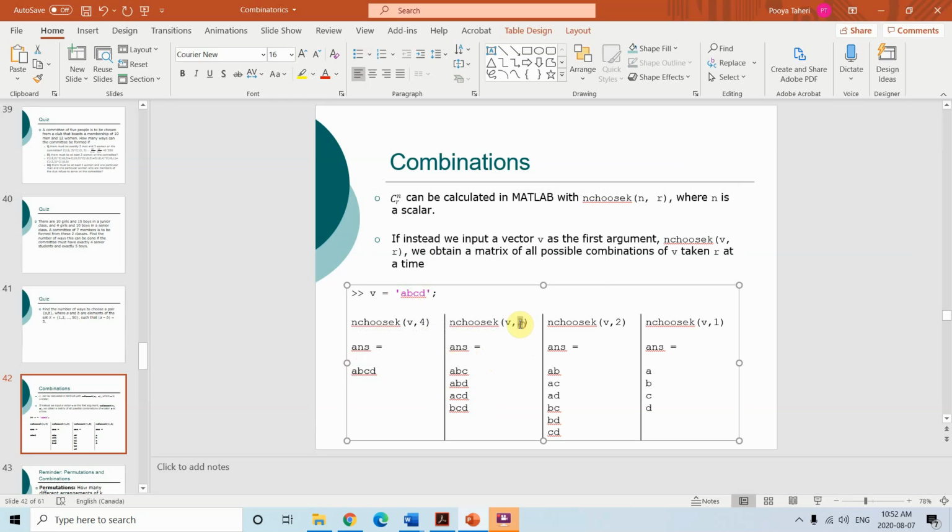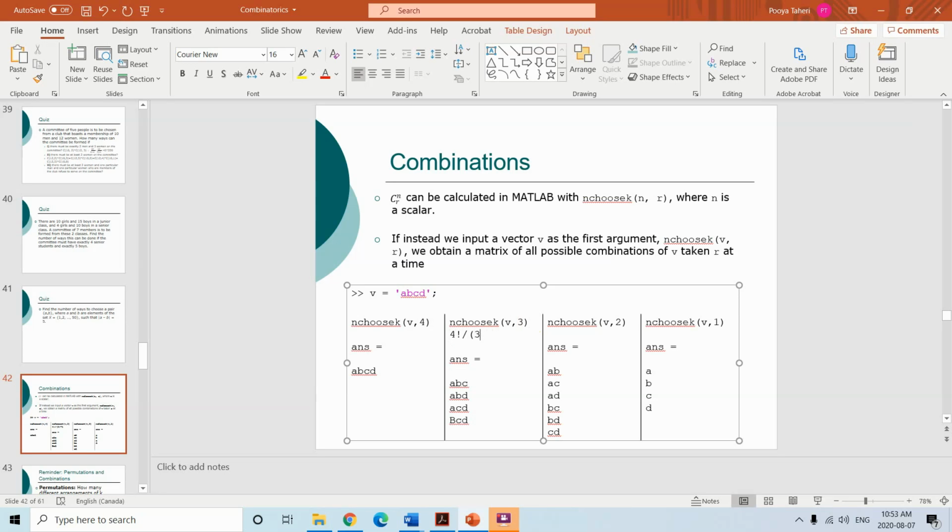If our k is 3, then there are only 4 ways of selecting 3 objects out of 4 objects, right? Why is that the case? Because this is going to be 4 factorial divided by 3 factorial times 1 factorial.